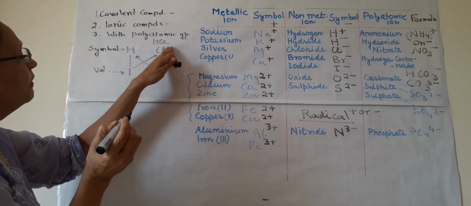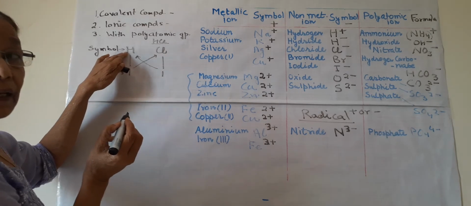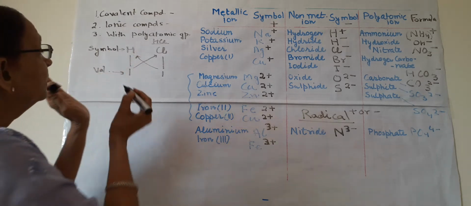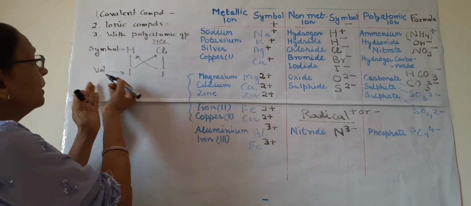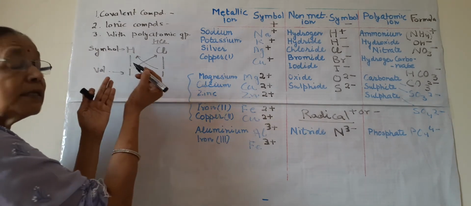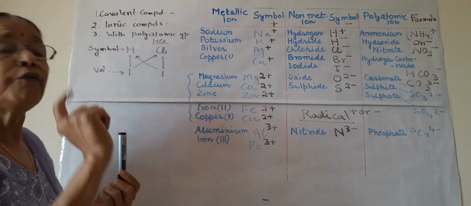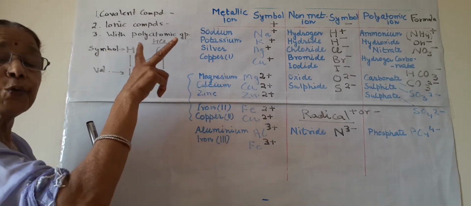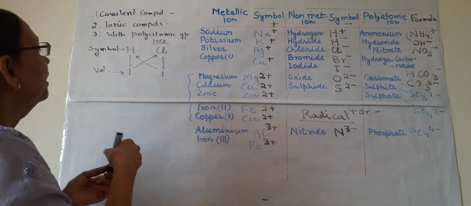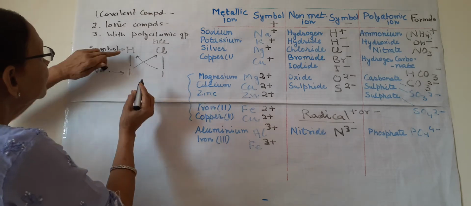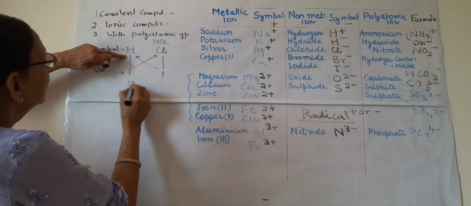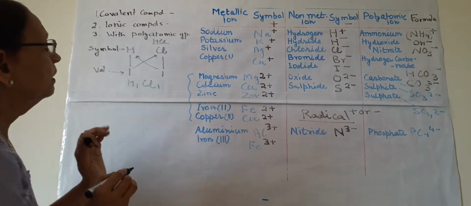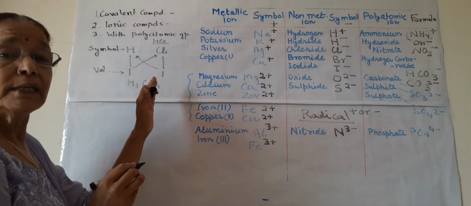Crisscross means the valency of chlorine should be with hydrogen and of hydrogen with chlorine. There should be a balance between the valencies. Both the valencies should be balanced in the formula. Or if it is a charge, then both the charges should be balanced in the formula. See how. This is H with 1, Cl with 1. So the formula is H1Cl1.